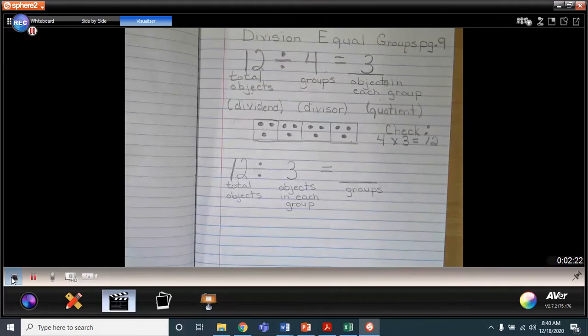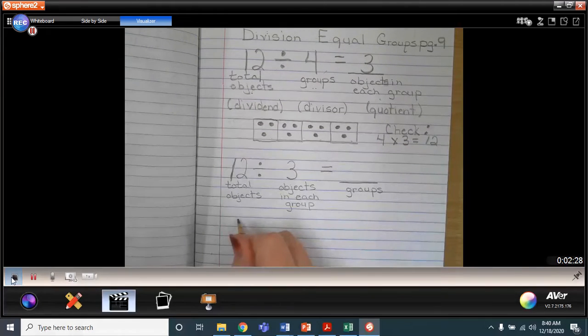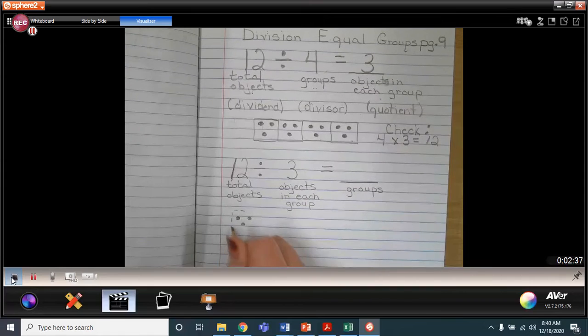So, we could do this one of 2 ways. We could start putting objects into groups of 3. So I can do 1, 2, 3, and then draw a group around it.